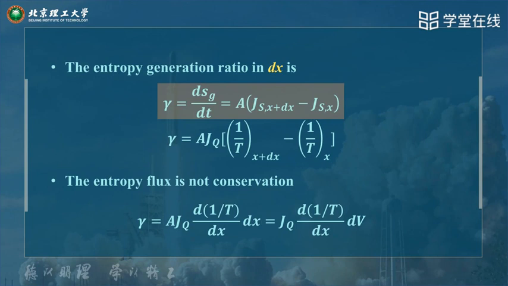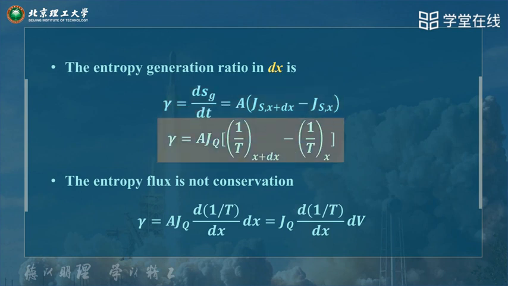Using the entropy flux, we easily obtain Js at x plus dx minus Js at x, the entropy flux difference between the two points, times area A. This is the entropy generation ratio.